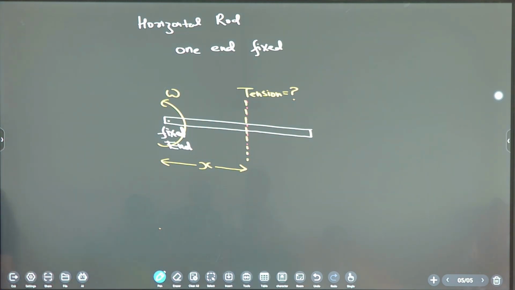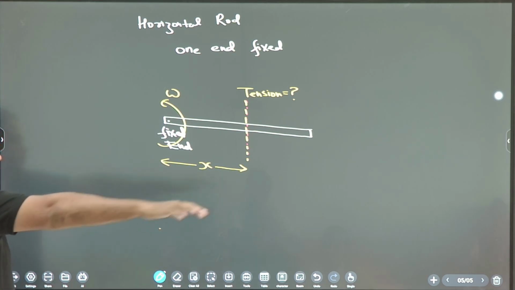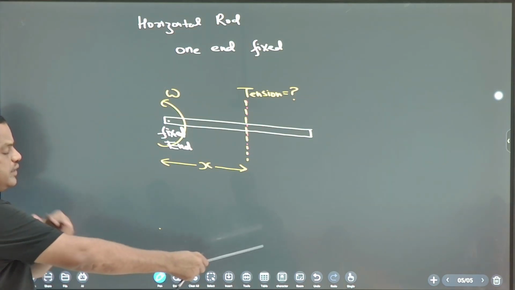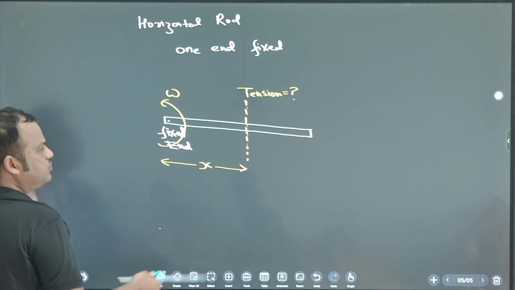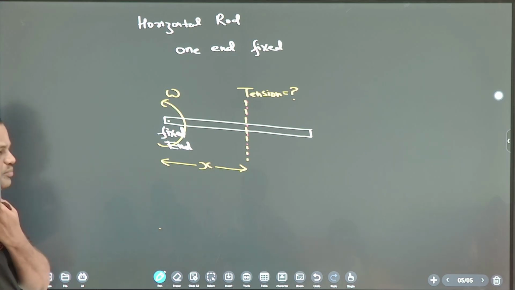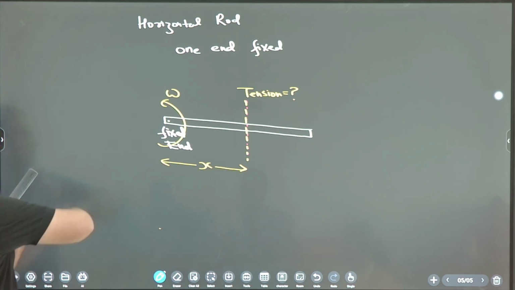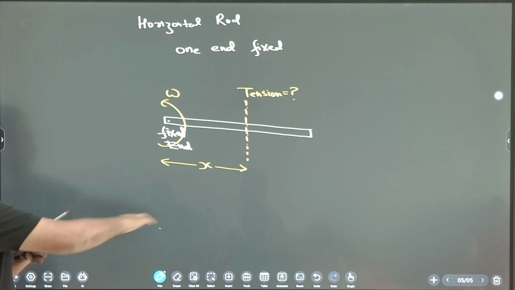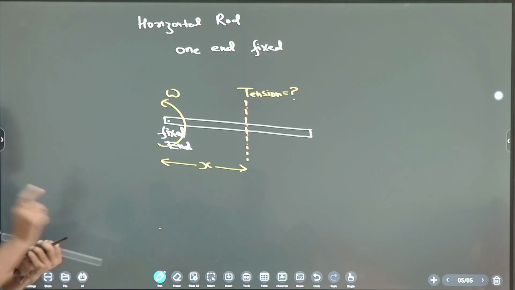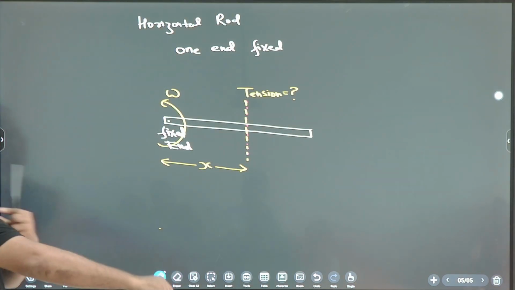You can experience this. Suppose you are rotating your hand like this. You feel that your hand is pulling your body. You can try it, but don't hit your neighbor. When you rotate your hand very fast, do you experience your hand pulling your body?